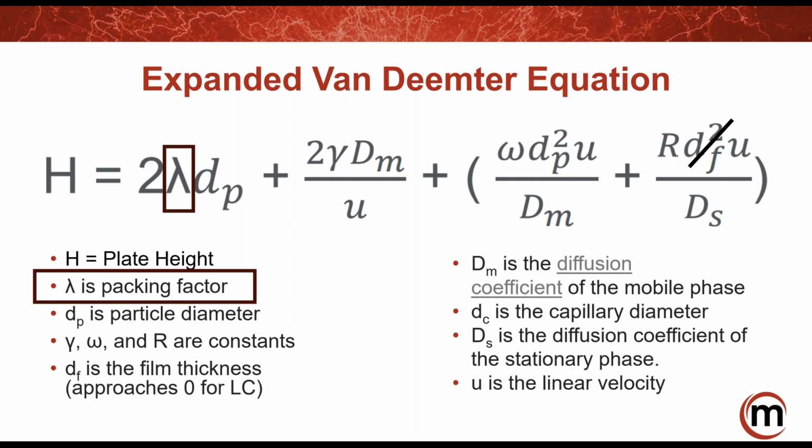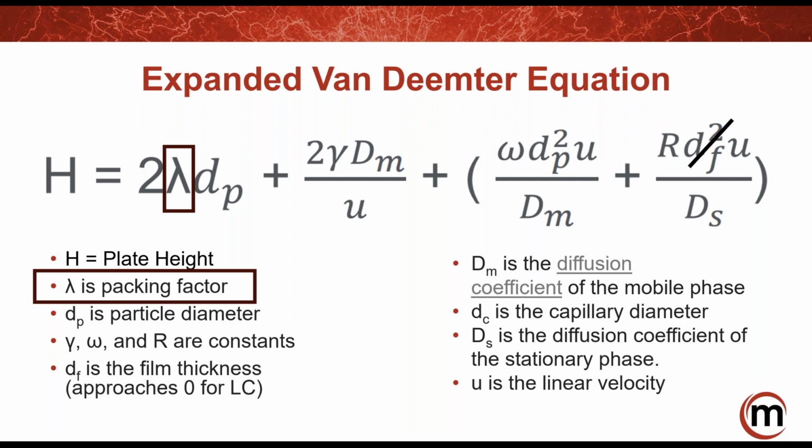And so what that means is, if you think about it, and this is coming from another method, you can put these theoretical plates in a column, and how many you can fit in there is how efficient the packed bed is.